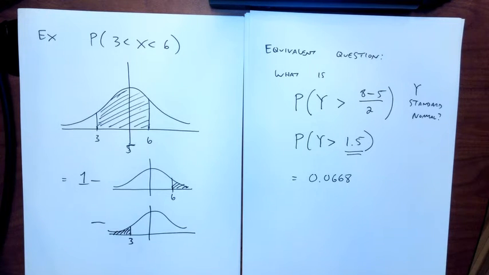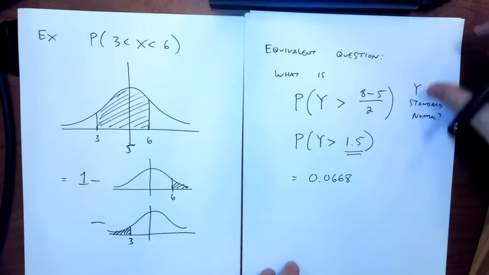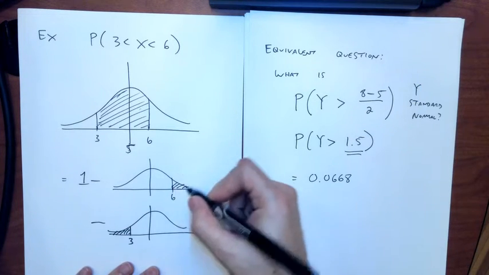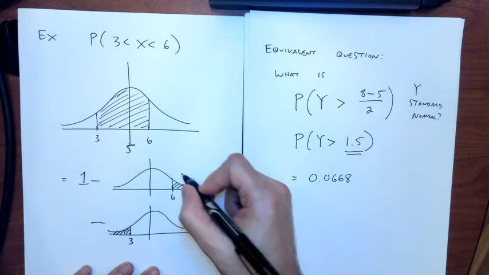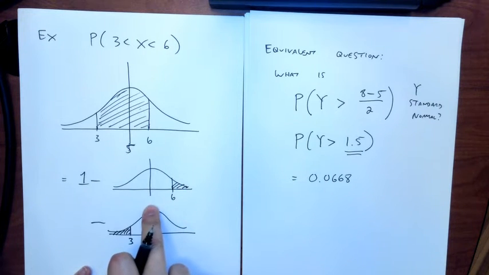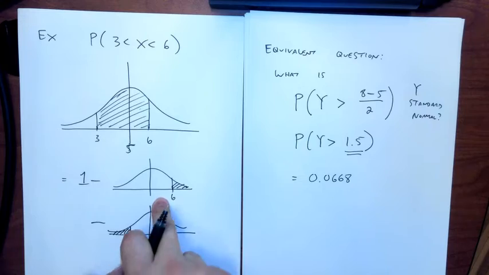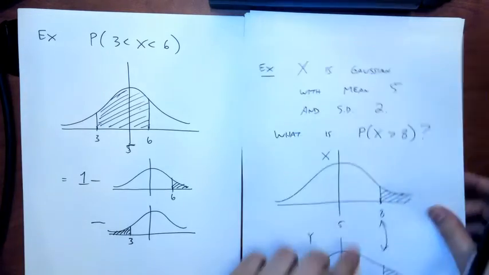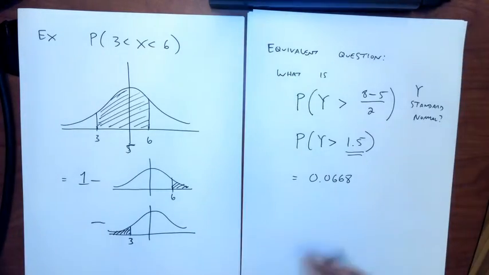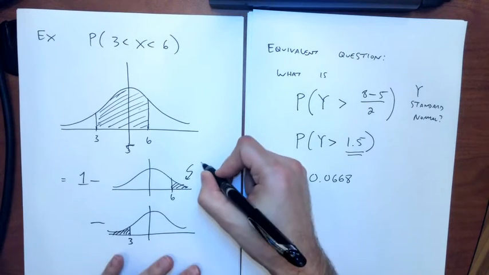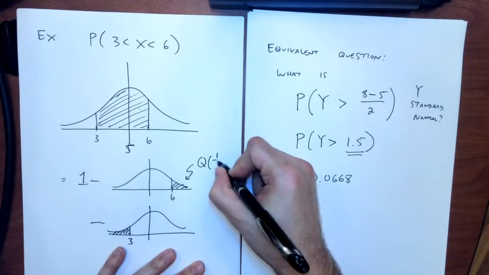Those two things are easier to compute and come from the Q table, right? So here, how many standard deviations away from 5 am I? I have to remember my standard deviation was 2 originally. So here, this guy is like Q of 1/2.